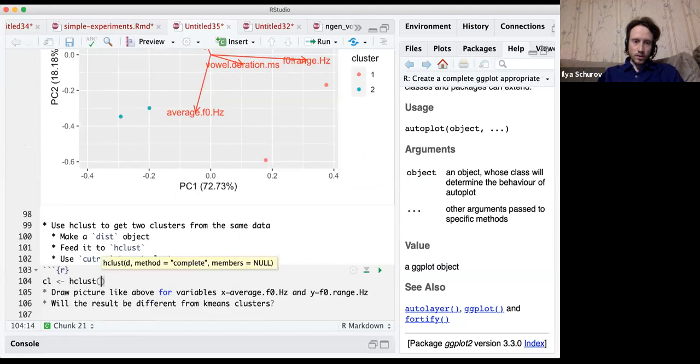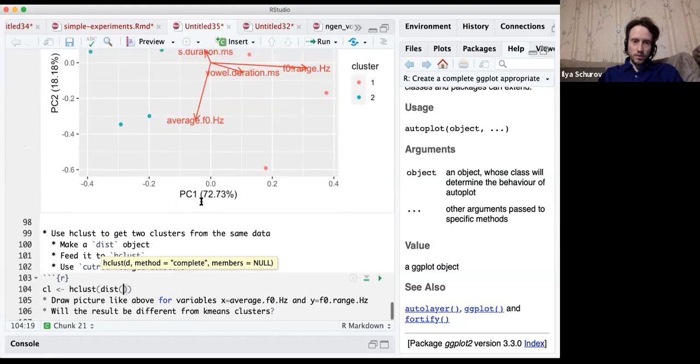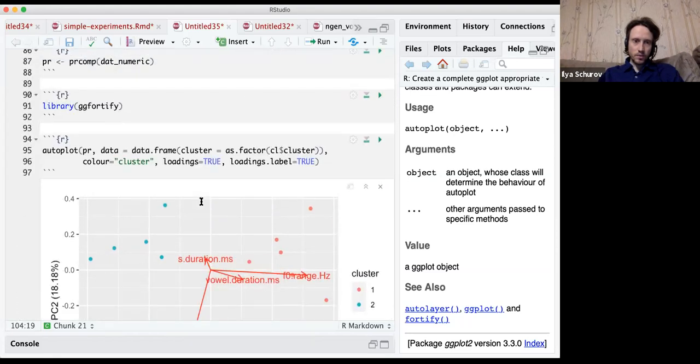I use hclust. I find distances between my data points.